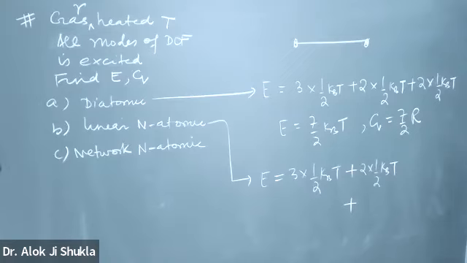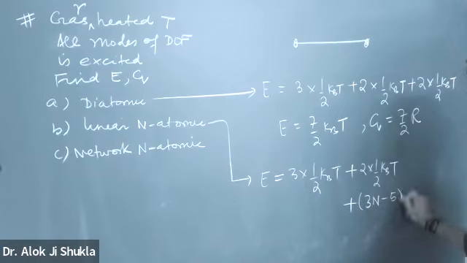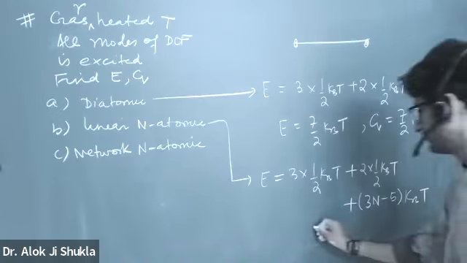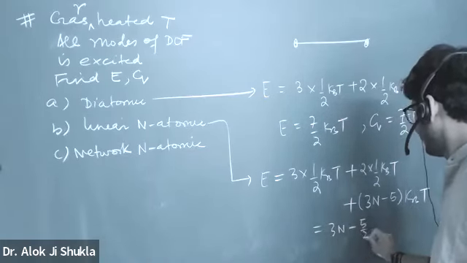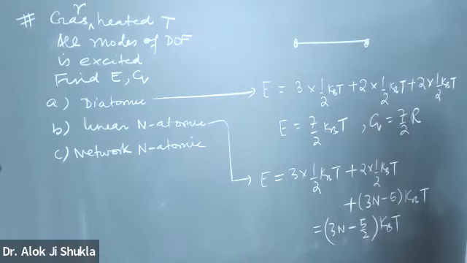So vibrational will be 3n minus 5 kBT. So total how much will it become? Add it up. 3n minus 5 by 2 kBT.